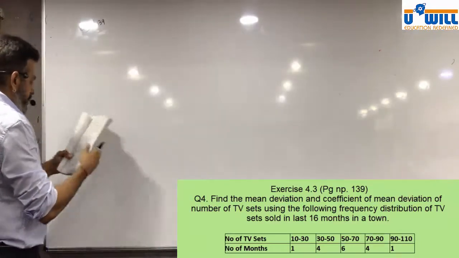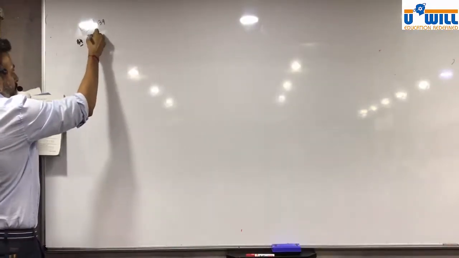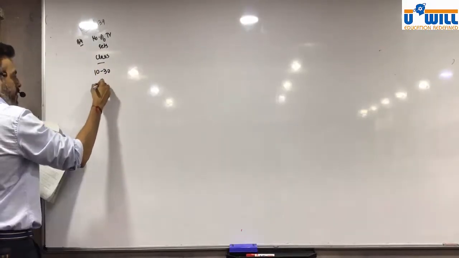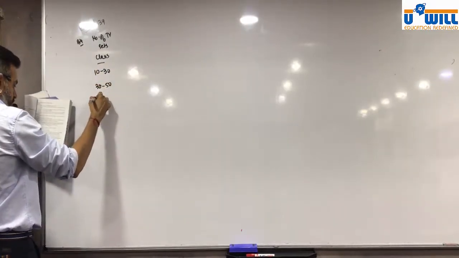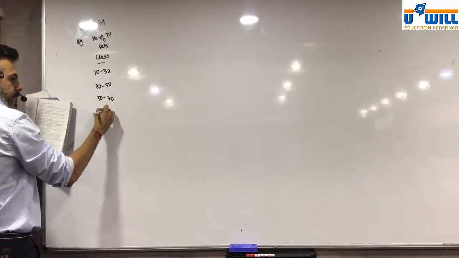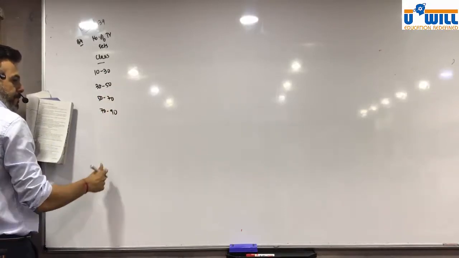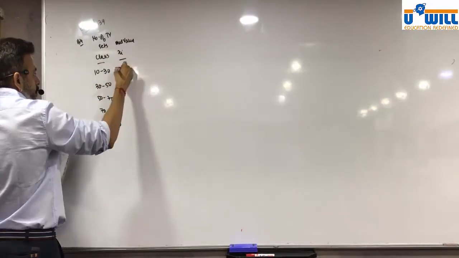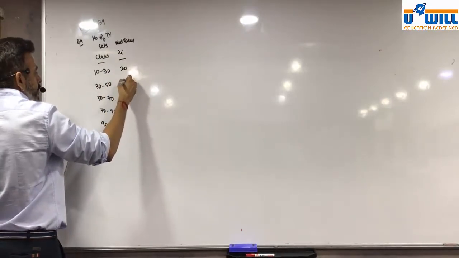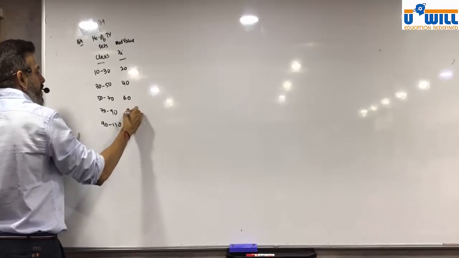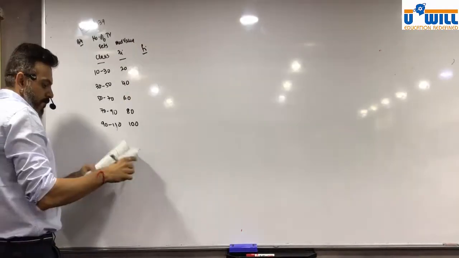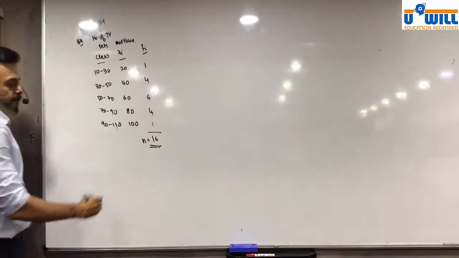Okay, let's write question 4. Number of TV sets: 10 to 30, 30 to 50, 50 to 70, 70 to 90, 90 to 110. Mid value xi: 20, 40, 60, 80 and 100. fi: 1, 4, 6, 4, 1.